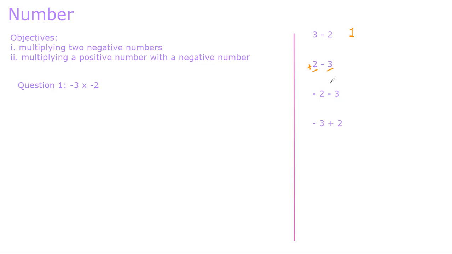So there are two ways. Either we can draw a number line like this, and we can mark 0, -1, -2, and here are 1, 2.